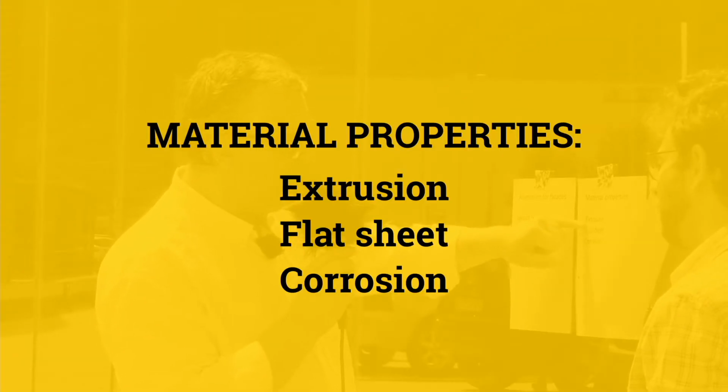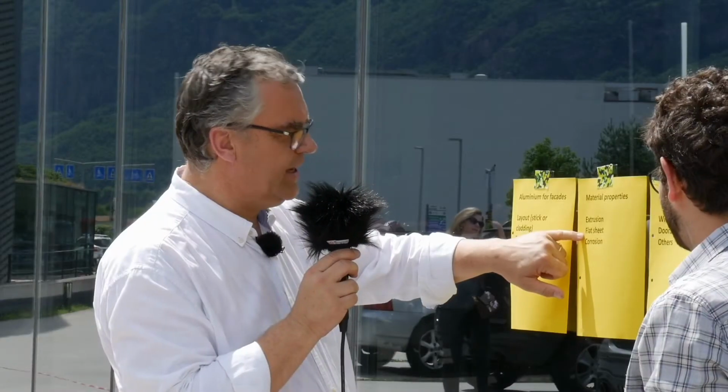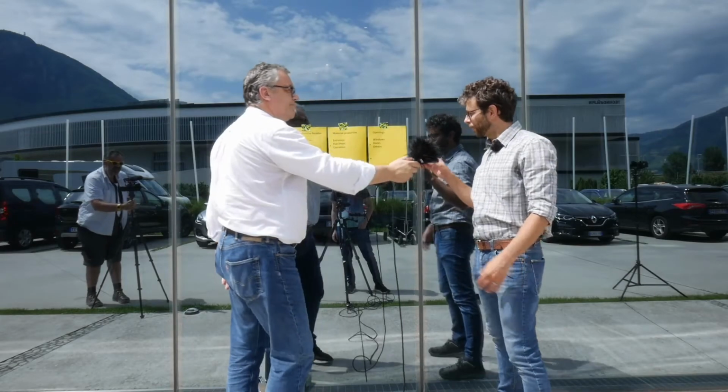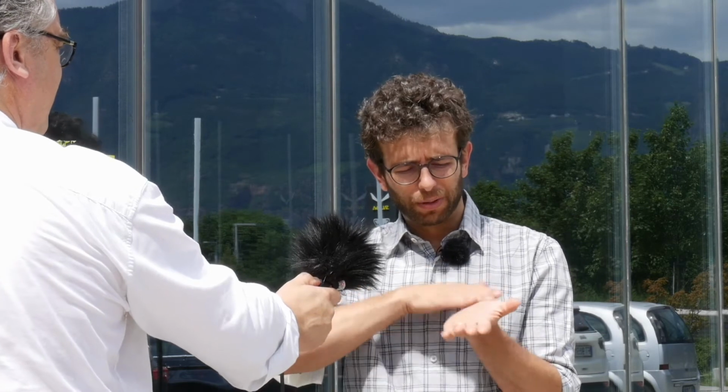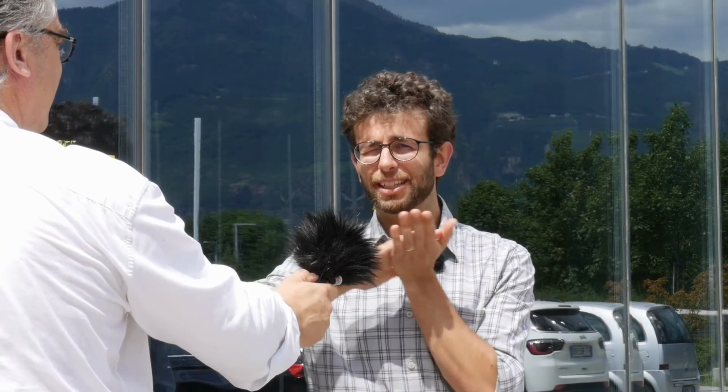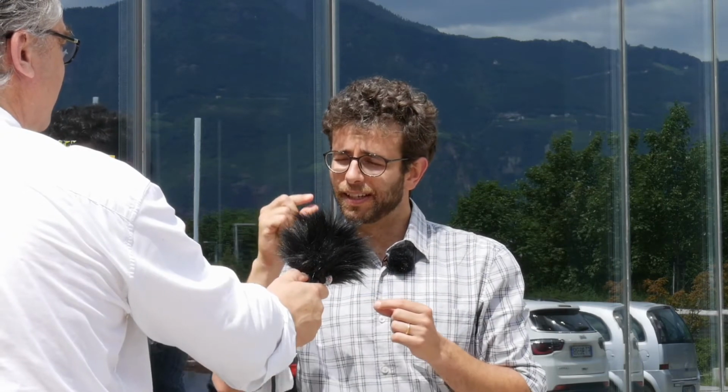Let's talk about the material properties. Extrusion you named already is one way of producing it, then the flat sheet, and we need to talk about corrosion. It's a metal. This is extruded, but aluminium is very useful also when you laminate or press it, and you can get foils or sheets of the desired thickness.